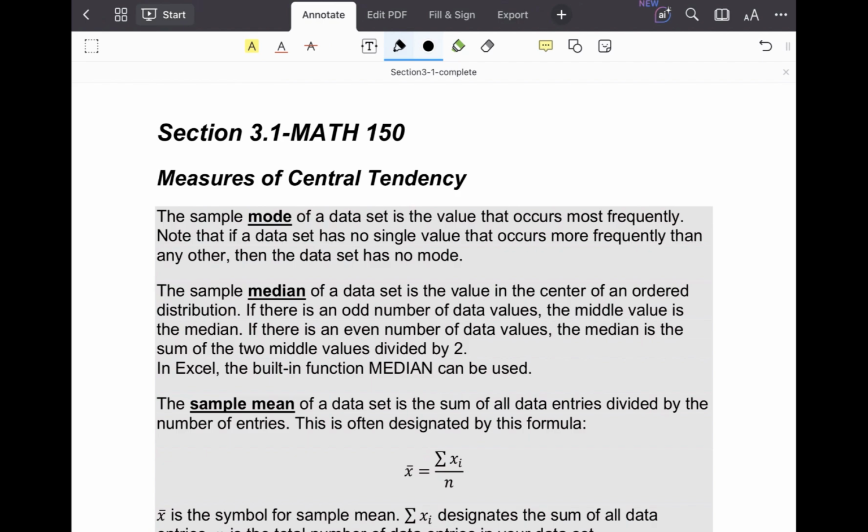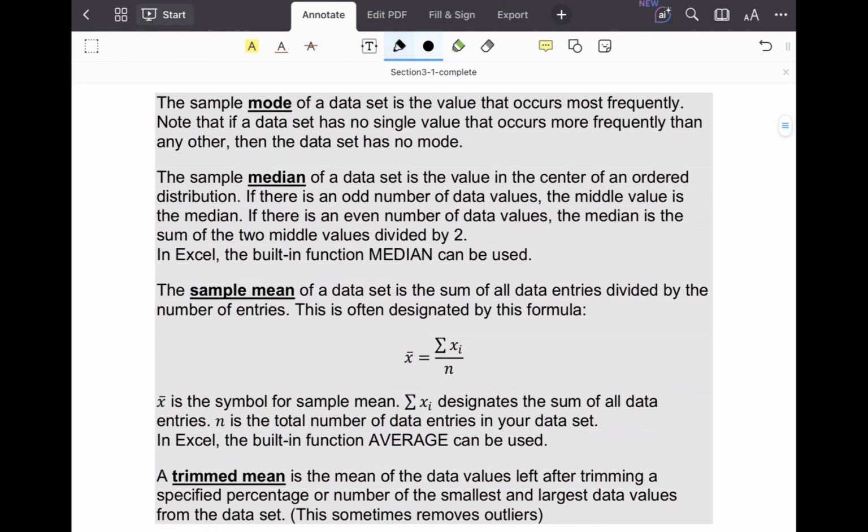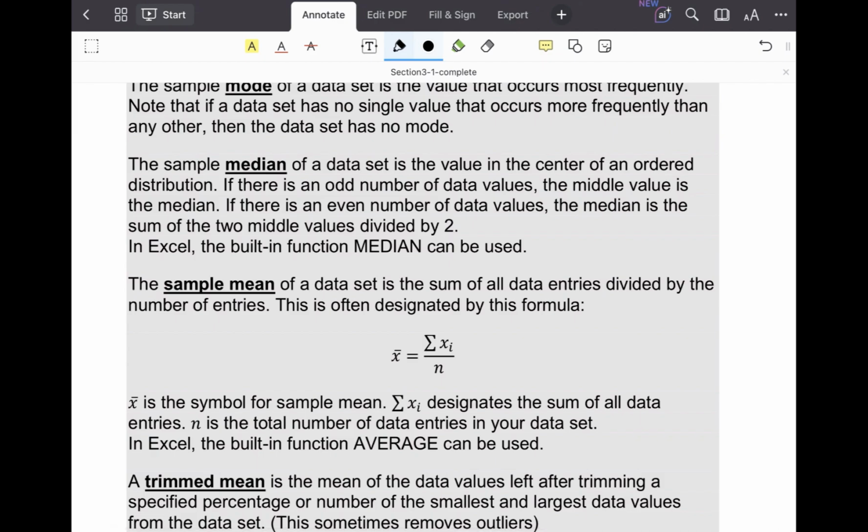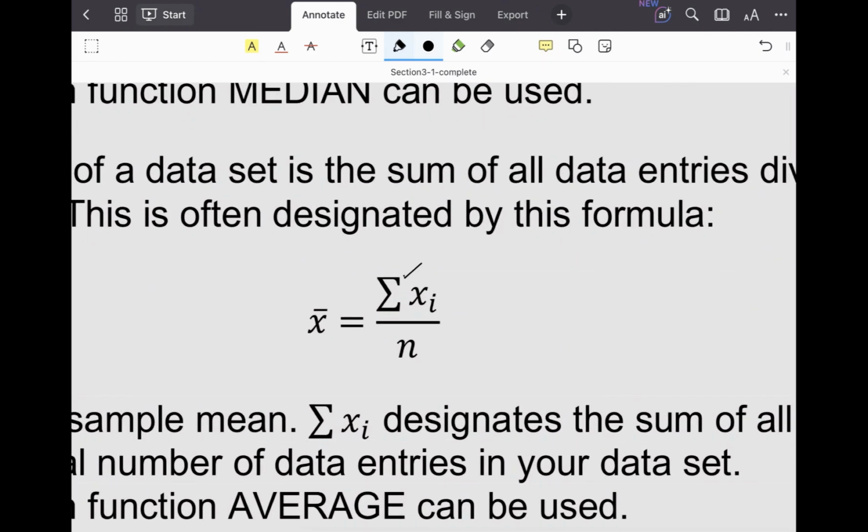The third one is the most common one that we'll look at in this class. It's called the sample mean, sometimes just called the average. And what you do with this one is that you add them all up and then you divide by the number of data points that you have. This capital sigma here, that just stands for the sum of.